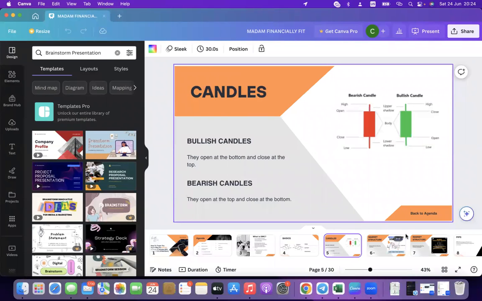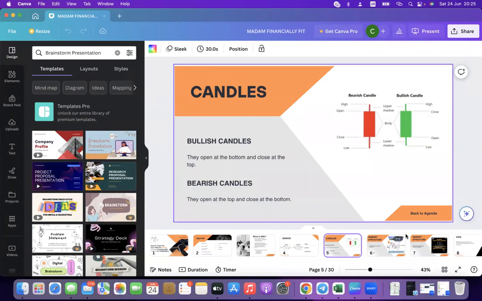In an uptrend, you see more healthy bullish candles. Even if you see tiny bearish candles, you see very big bullish candles in an uptrend. An uptrend is also known as a bullish trend. So you see most of these bullish candles in the bullish trend.